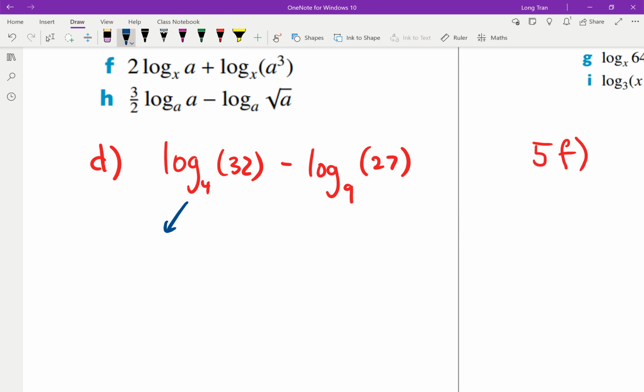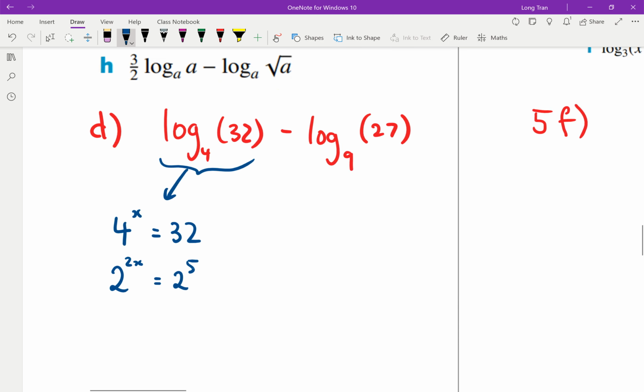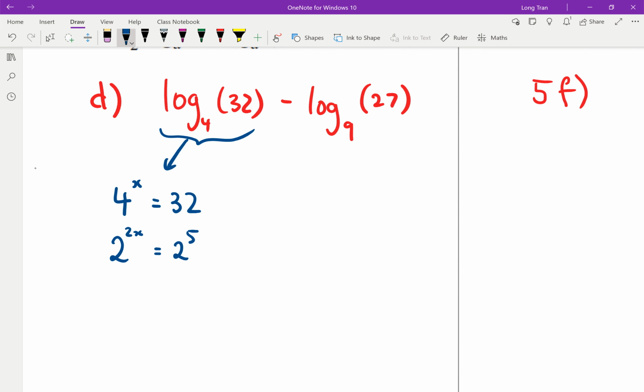It's the same as saying 4 to the power of what will equal 32. Now we can solve using exponentials. This is the same as saying 2 to the power of 2x is equal to 2 to the power of 5. Solving, 2x must equal 5 and x equals 5 on 2.